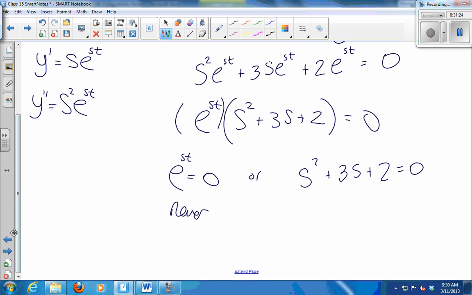When it equals 0, it factors to s plus 2, s plus 1, which means s equals -2 or -1. So I found two s values to make this equation true, using e to the st as my solution.